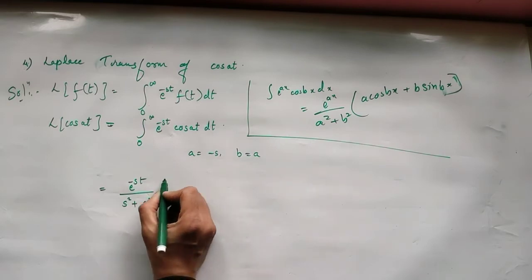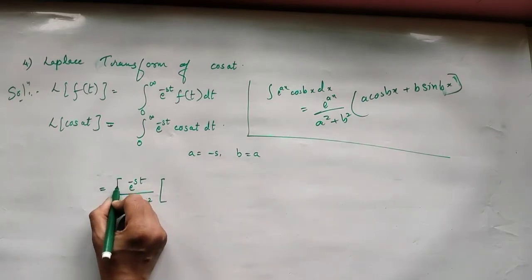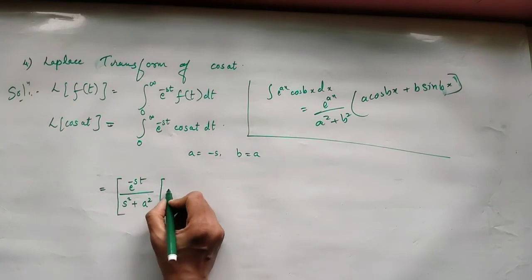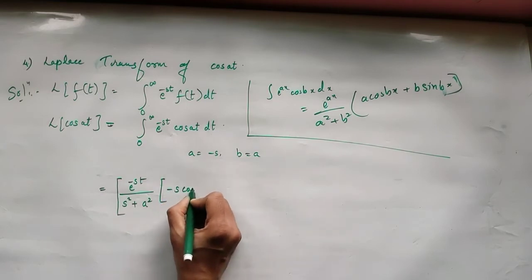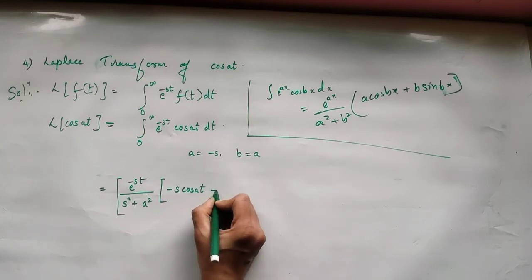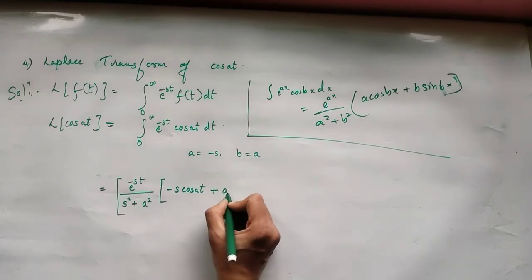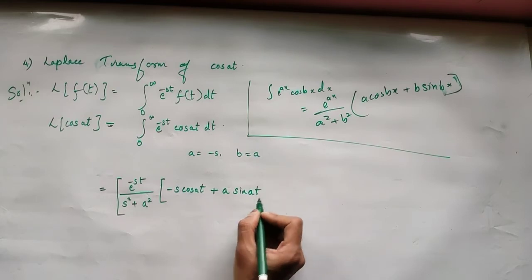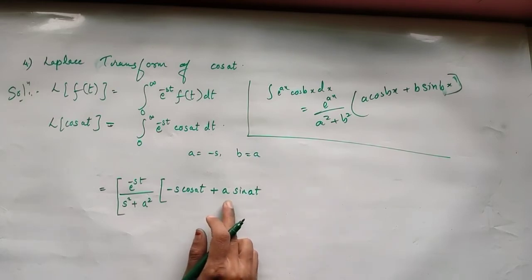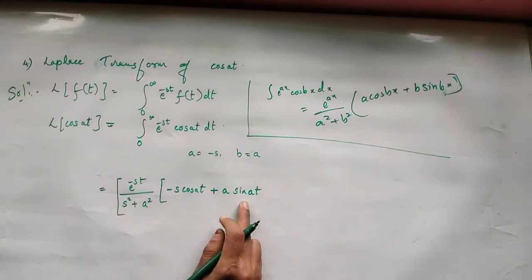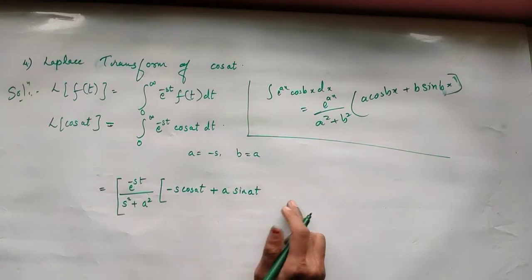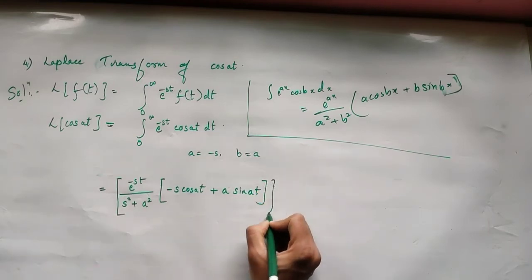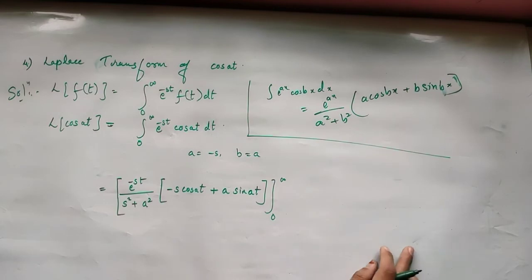This into, taking a bigger bracket, a is minus s cos at plus b is a sin at, from the limits 0 to infinity.